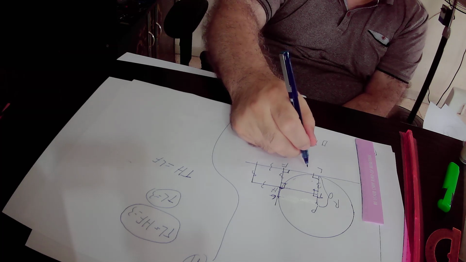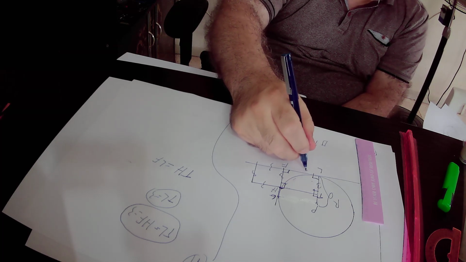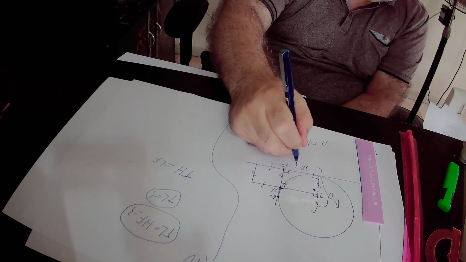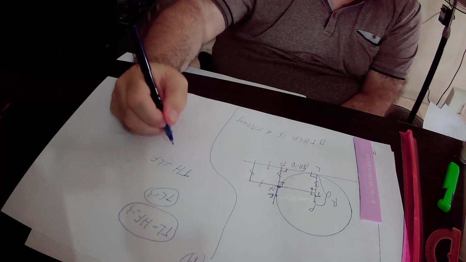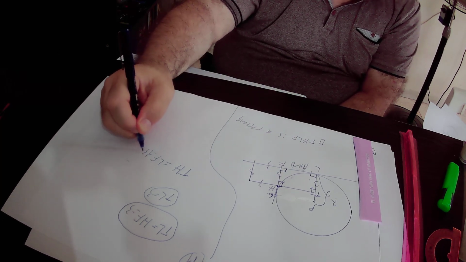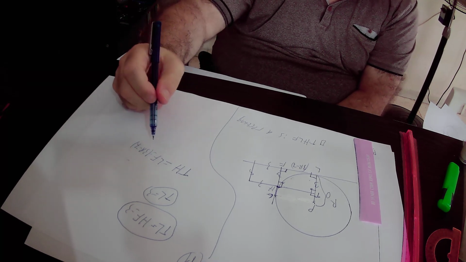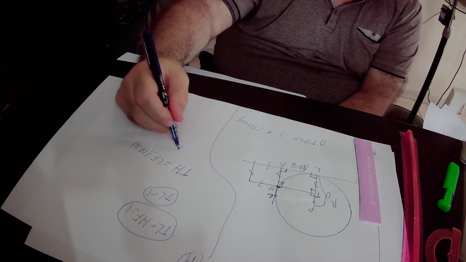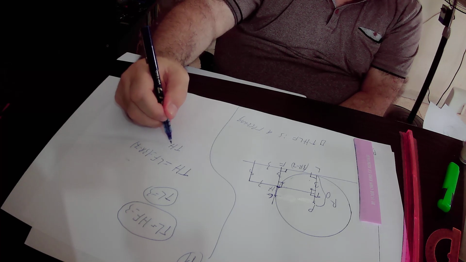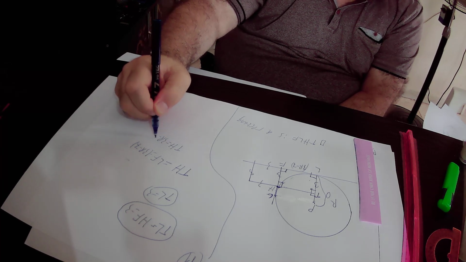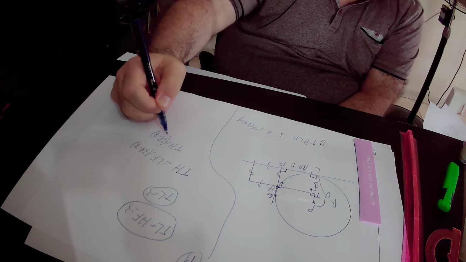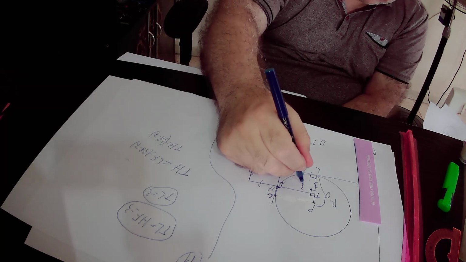But we have already found out that LF equals 3R minus 7. So we can write here that LF equals 3R minus 7, and from this equation, TH equals LF equals 3R minus 7, we derive that TH is also equal to 3R minus 7.